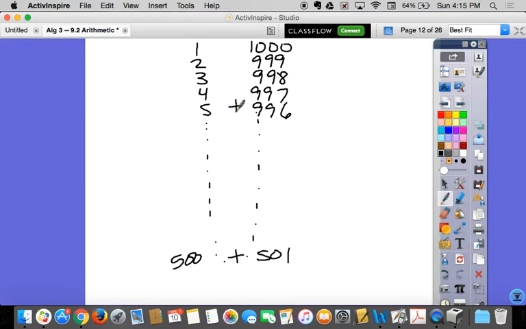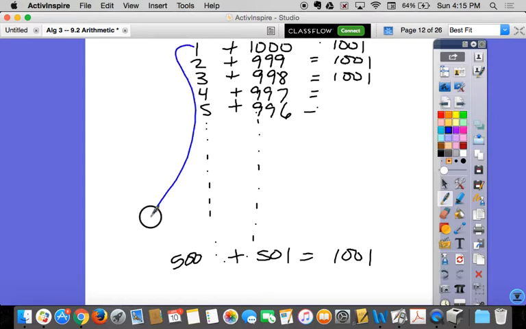Well, if you summed them up, we have 1001, 1001, 1001, and so on, even down here, 1001. How many 1001s do you have? Well, look, we have 500. There's 500 1001s.